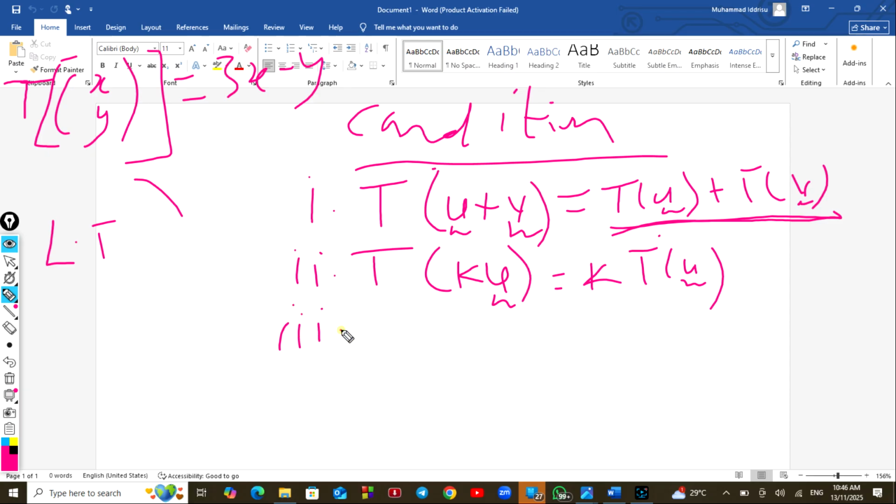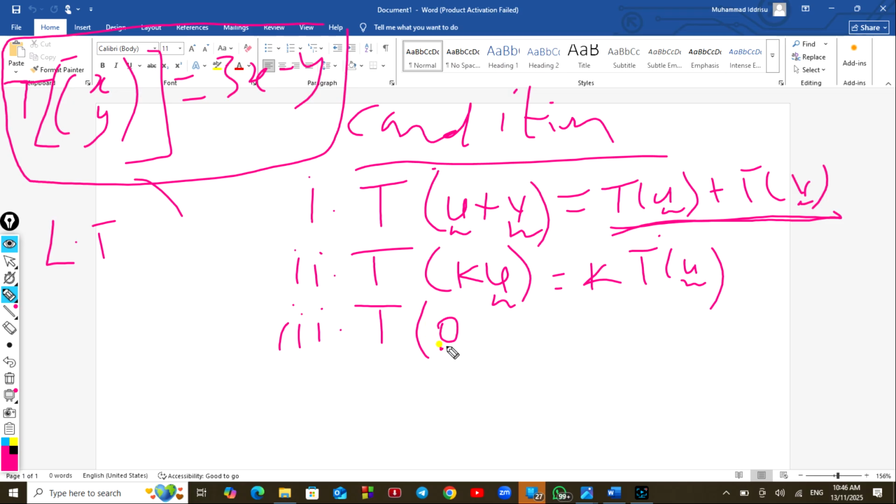Whenever you are given a transformation, to check whether it is a linear transformation, substitute the zero vector into the transformation. The transformation of the zero vector should be the zero vector. If this condition is not true, then the transformation in question is not a linear transformation.